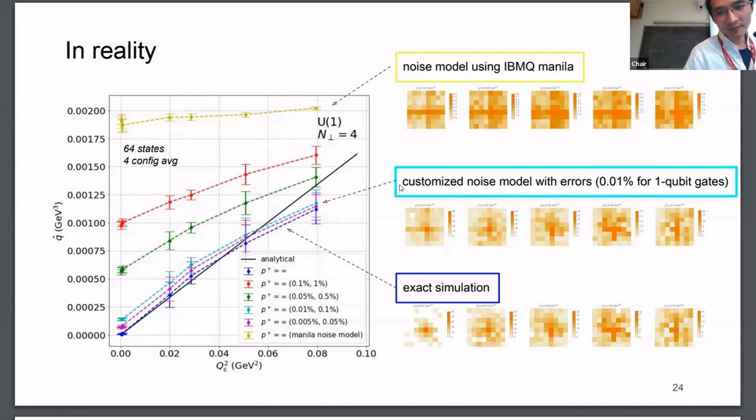Then I use a customized noise model with a decreasing number of errors. The first number is the 1 qubit error, and the second number is the 2 qubit error. As the numbers decrease, you can see we're able to obtain what we saw before with the noise-free simulation.